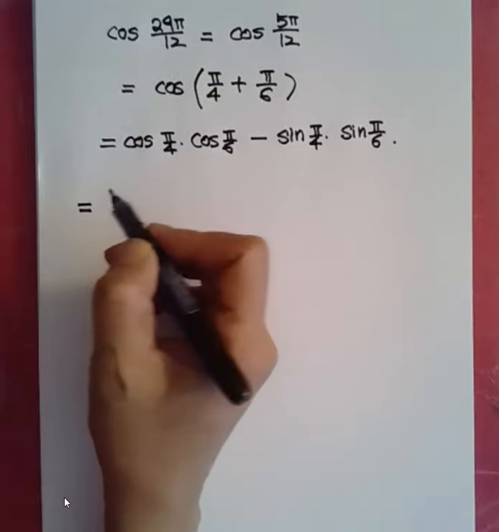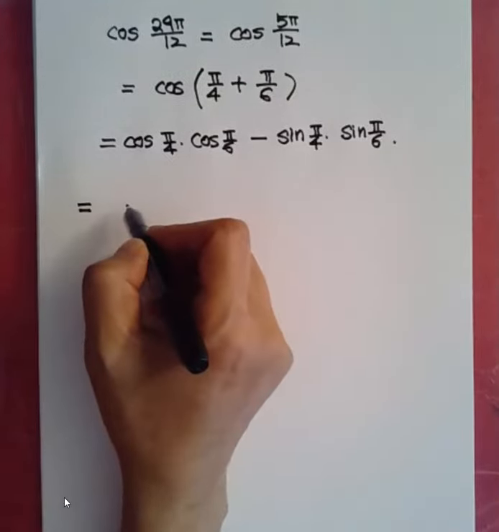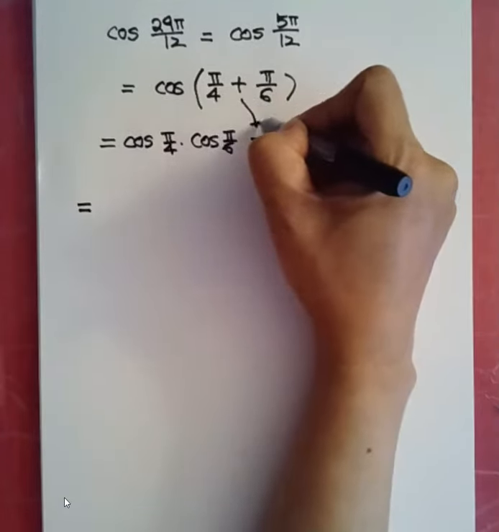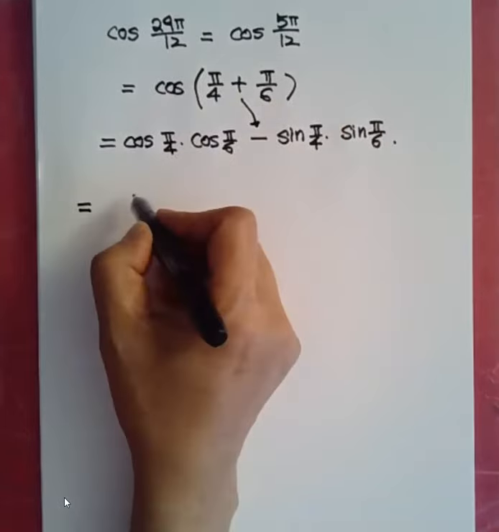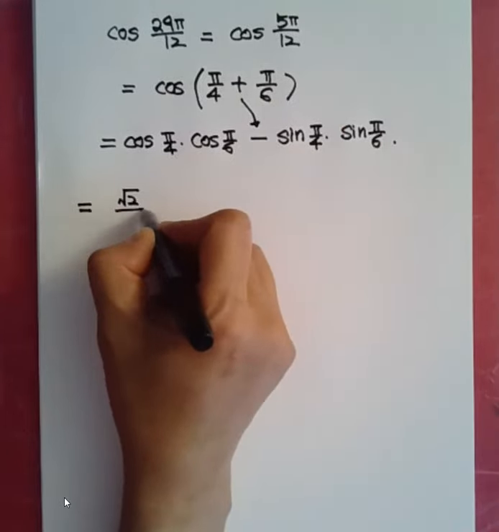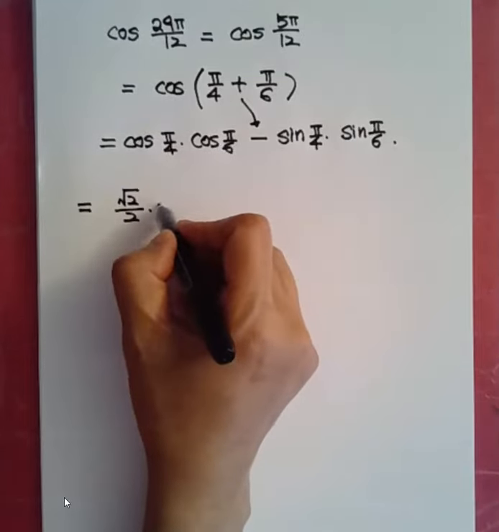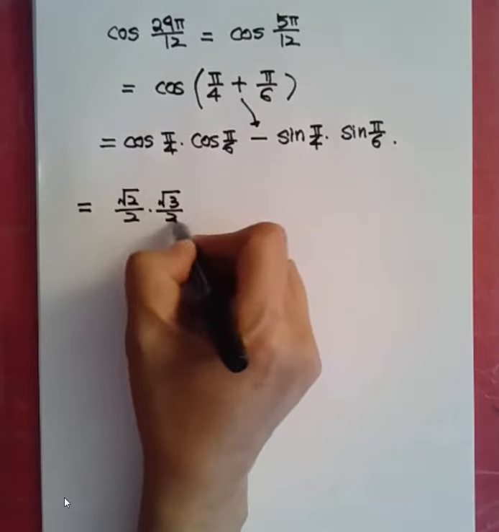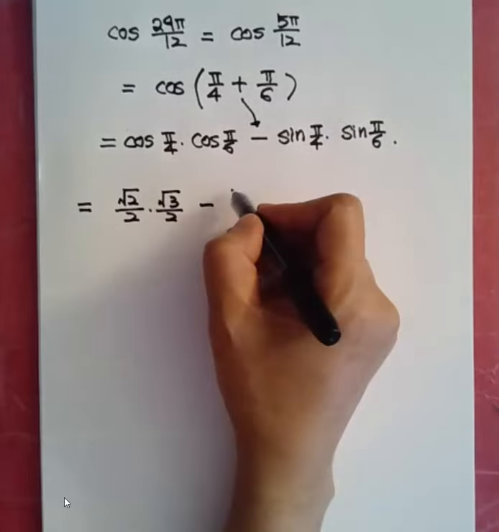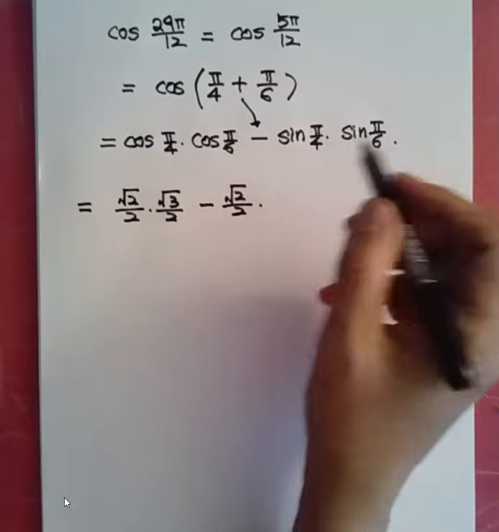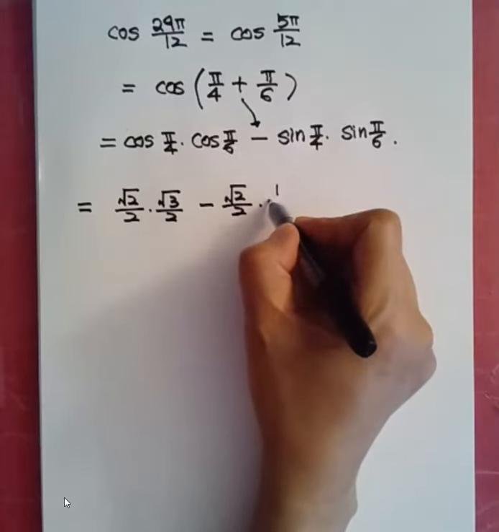Then all we have to do is evaluate. When it comes to cosine, plus becomes minus, so you have to be careful. So square root of 2 over 2 times cosine of pi over 6 is square root of 3 over 2, minus sine of pi over 4 is square root of 2 over 2 times sine of pi over 6 is 1 over 2.